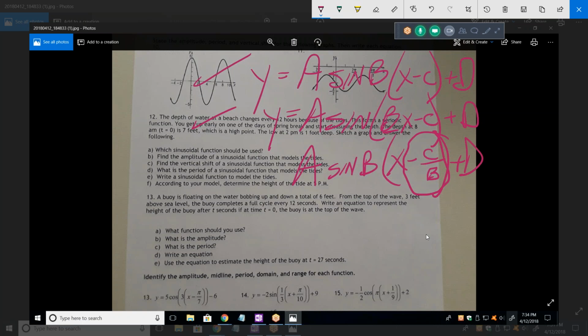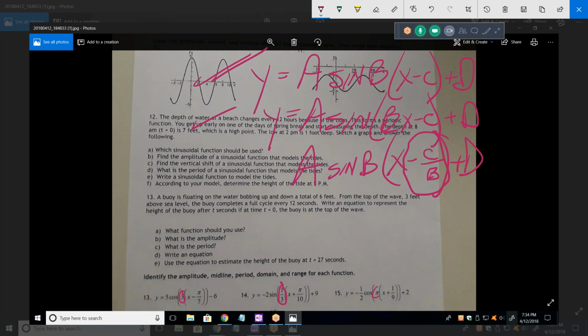Now, it's hard to say which one they're using. I'm inclined to believe they're using this one for you. It's a little hard to tell because they use double parentheses in all of these, as they should. But notice the B is outside the inside parentheses. That 1/3 is outside the inside parentheses.